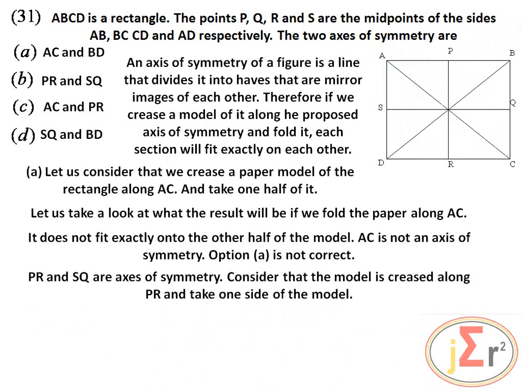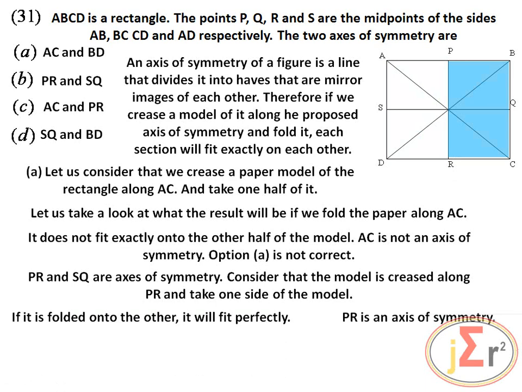PR and SQ are axes of symmetry. Consider that the model is creased along PR and take one half of the model. What will happen if we fold it over? It will fit exactly on the other side. If it is folded onto the other, it will fit perfectly.